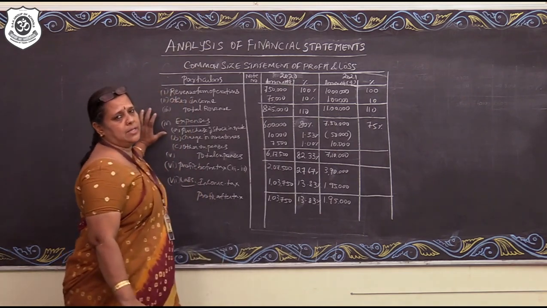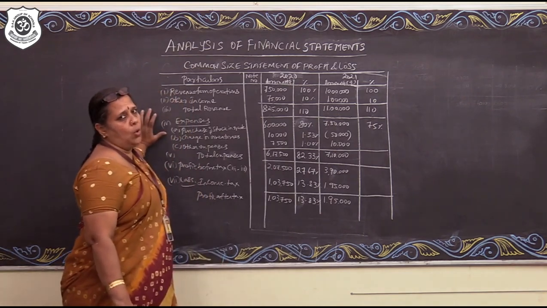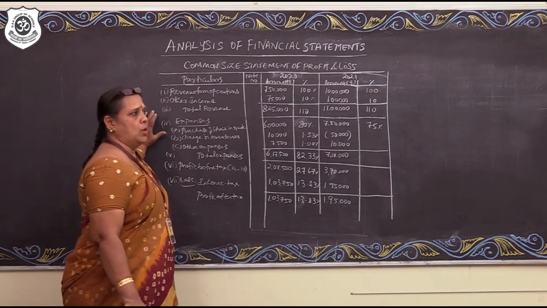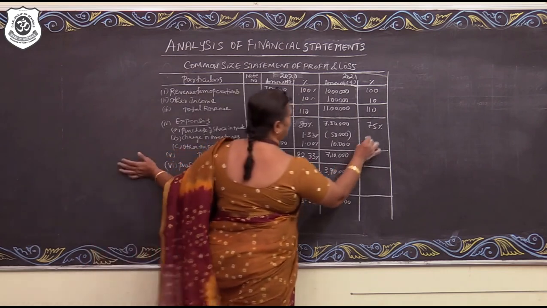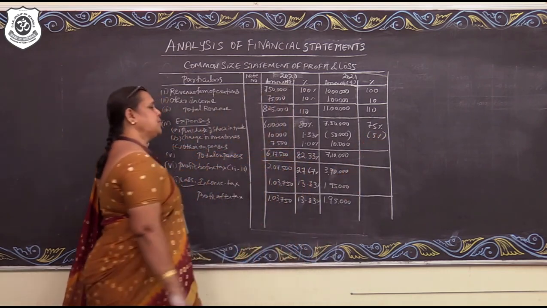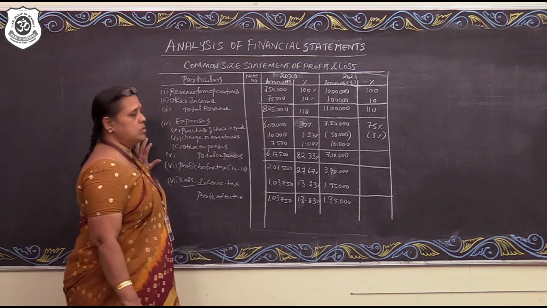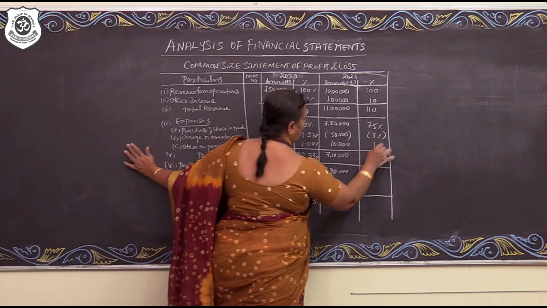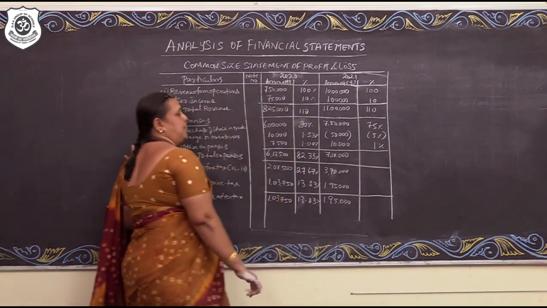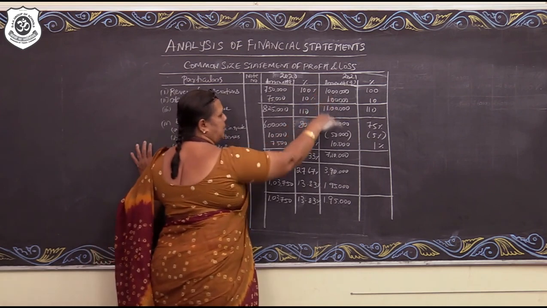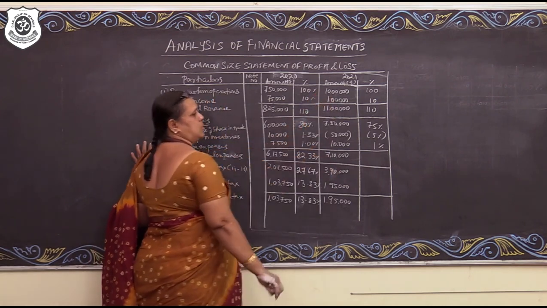Change in inventory is nothing but closing stock minus opening stock. So now you find an unfavorable 50,000 rupees, which is an unfavorable 5%. Then other expenses constitute 10,000 rupees to a common base of 10 lakh rupees gives you 1%.